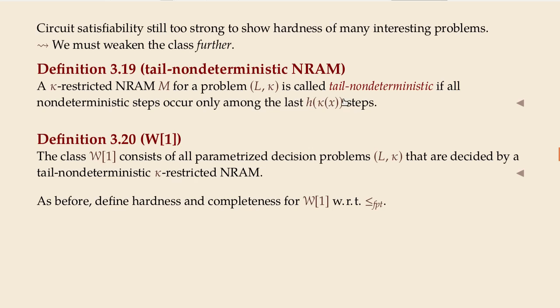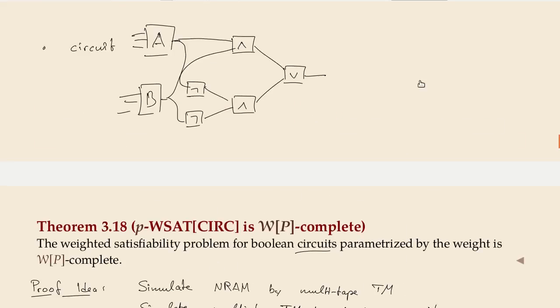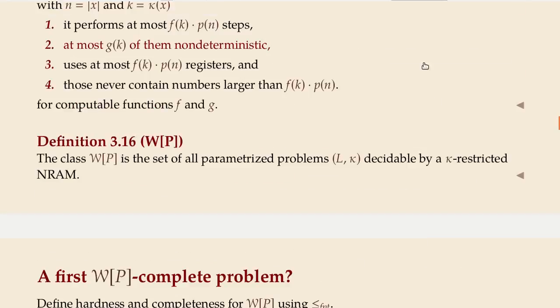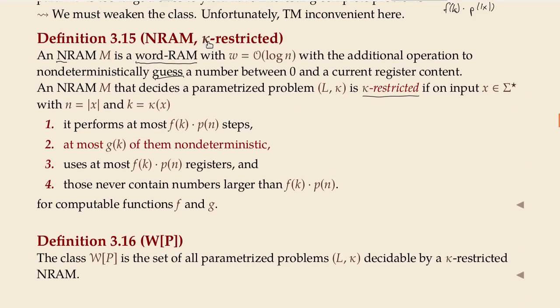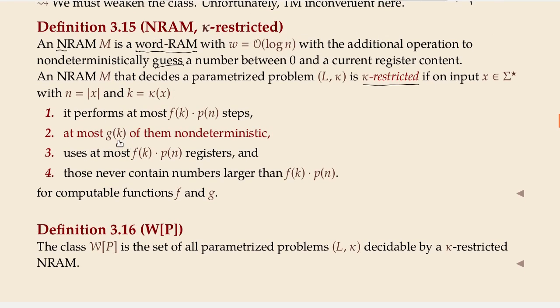But here's the definition. Tail-nondeterministic is just only the last h of kappa steps are nondeterministic. And if you go back to the definition of these kappa-restricted NRAMs, they're already restricted by some g. Now you can essentially drop the g because we have the h that takes its role.